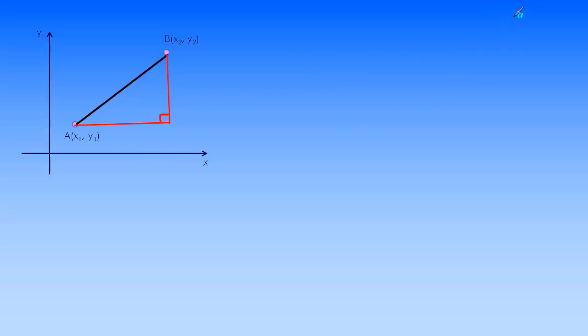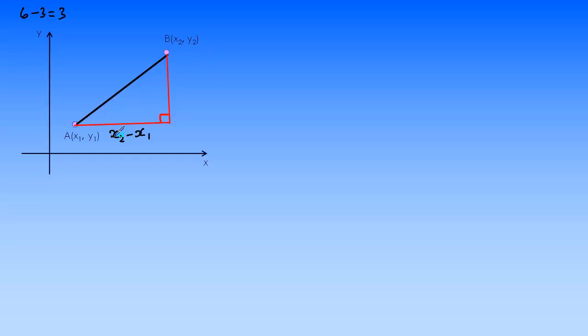So, for example, if we know that one point has an x-coordinate of 6 and the other one has an x-coordinate of 3, then the distance between them horizontally must be 3. So this is x2 take away x1, subtract the x-coordinates.